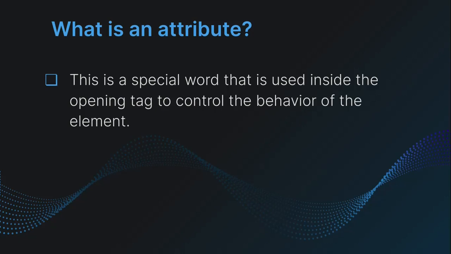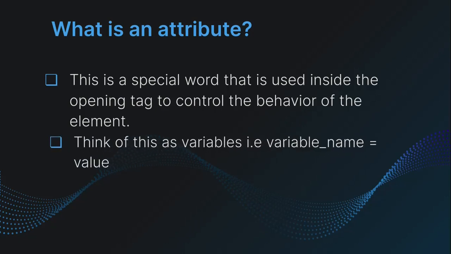This is just a special word, more like what in other languages we call keywords. It has a certain purpose: it affects the behavior. For instance, you can change the text color, you can change different things in your page.